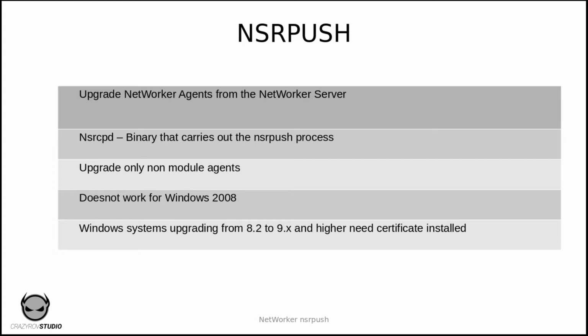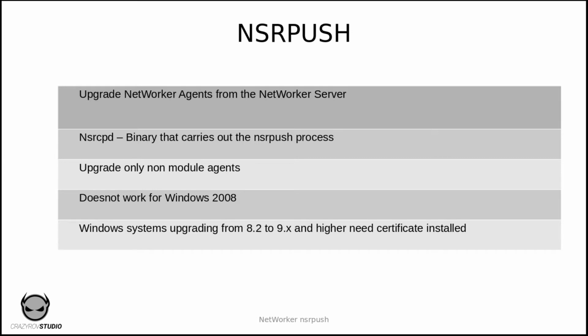The other challenge that I had faced during the tests is upgrading the Windows 2008 machines. When I did attempt an upgrade of the Windows 2008 machines from version 8.2 to 18.2, the nsrcpd crashed and created a core dump. So I would again recommend that there are a few challenges when it comes to upgrading clients on Windows machines.